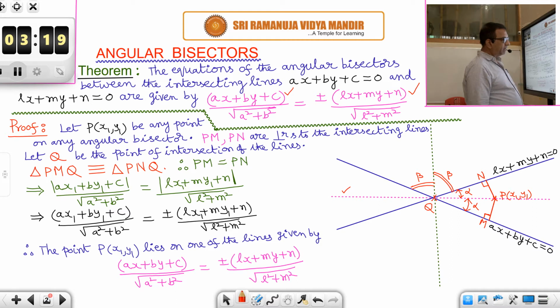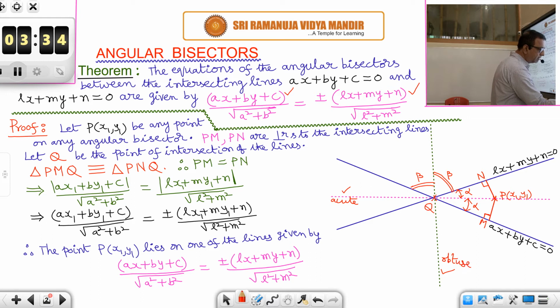The obtuse angle bisector is shown by the green dotted line, this line. This is the obtuse angle bisector. This is acute. This is the obtuse angle bisector, because it is bisecting the obtuse angle between the two lines.